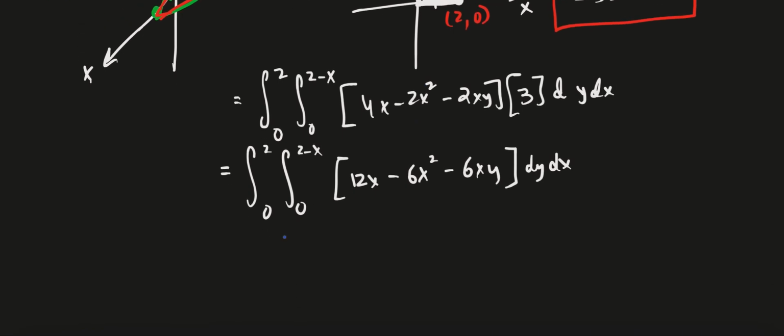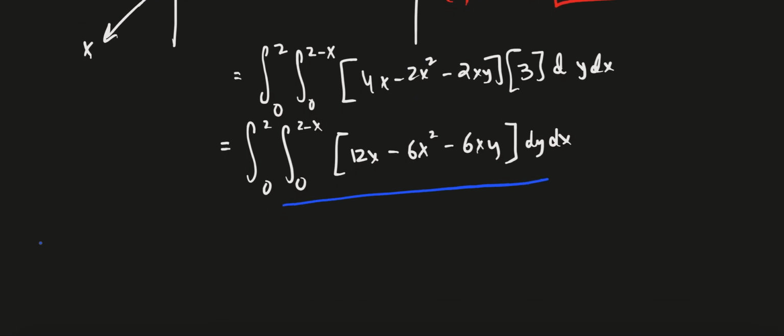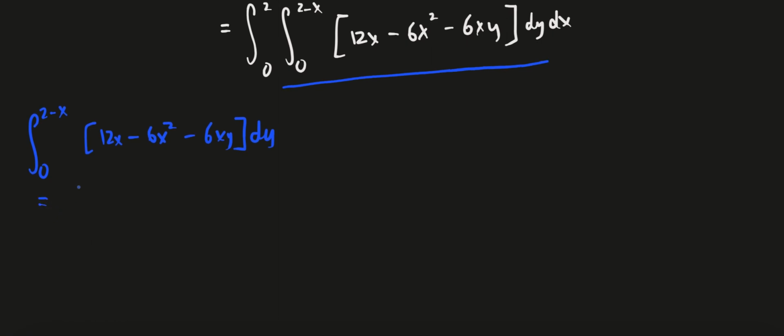Let's break it up into this region, or this integral first. 0 to 2 minus x. This is 12xy minus 6x squared y minus 6xy squared over 2, which is just 3xy squared. The zeros will not bother me.